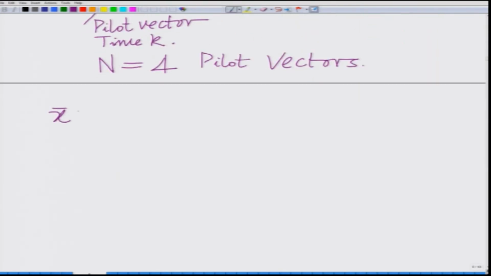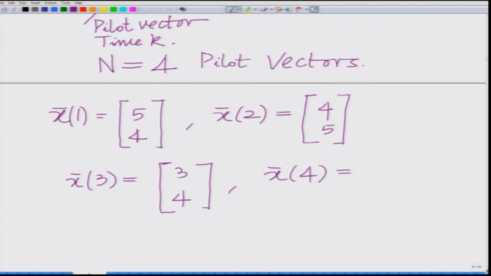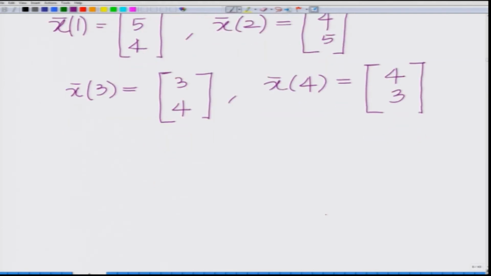Let us say the pilot vectors are x1 bar equals 5 comma 4, this is the first pilot vector. x2 bar equals 4 5, x bar 3 equals 3 4 and x bar 4 equals 4 3. Alright, these are the 4 pilot vectors.